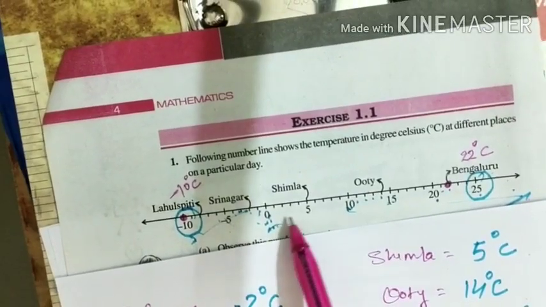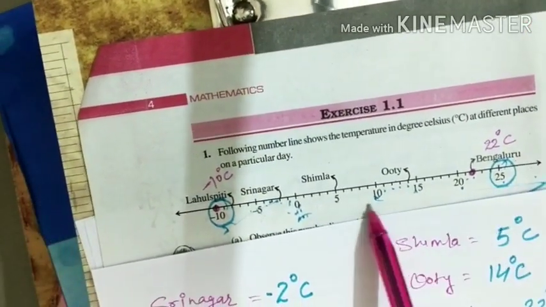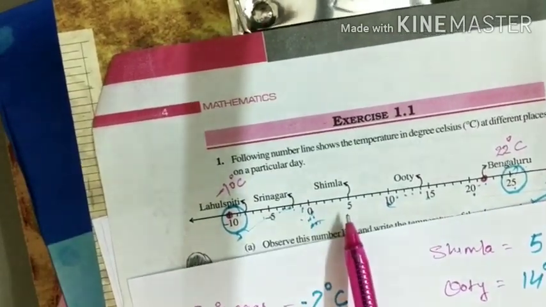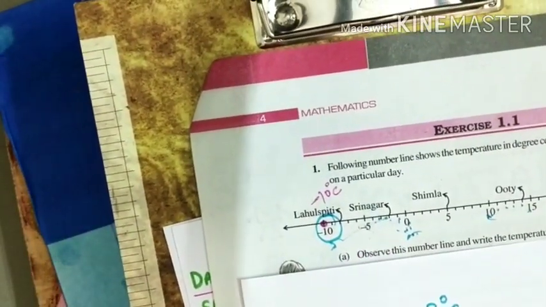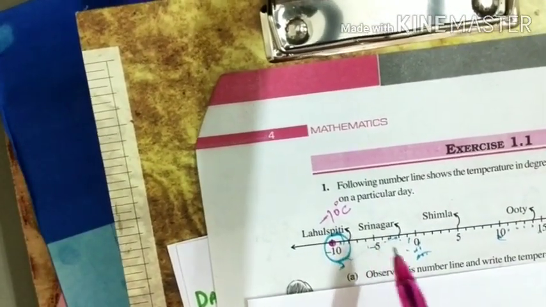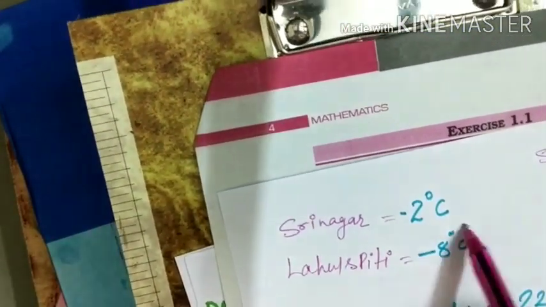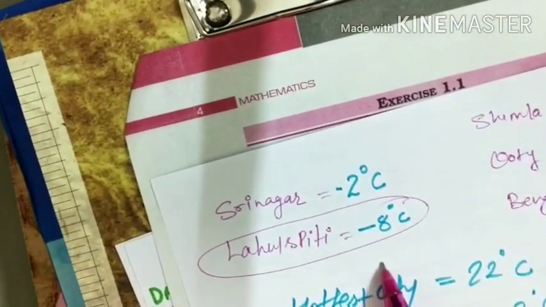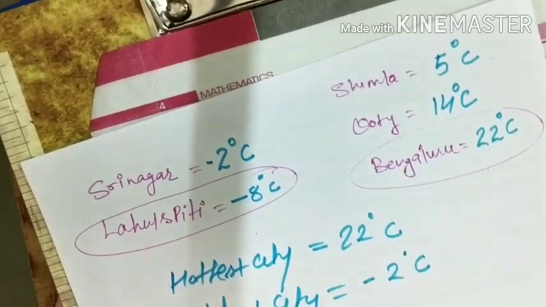Here maximum temperature is 22 degrees Celsius and minimum temperature, if we move to the left of the 0, values are decreasing. So minimum temperature is, you can see, this is Lahul Spiti, -5, -6, -7, -8. Already we have written Lahul Spiti temperature is -8 degrees Celsius and Bengaluru temperature is 22 degrees Celsius.